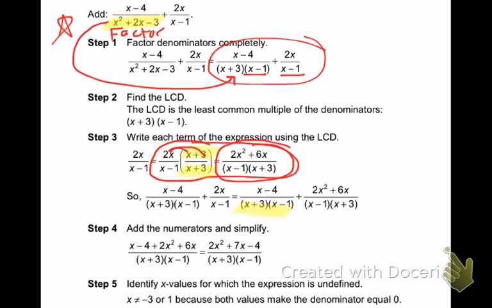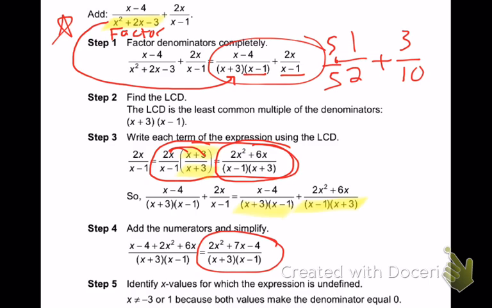Now I have common denominators, and I can combine like terms to get my final answer. So this is a little bit tougher, yes. But again, it's very similar to if I were to take 1/2 and say I'm going to add that to 3/10. I need to multiply the numerator and denominator by what they're lacking. Okay, same idea.